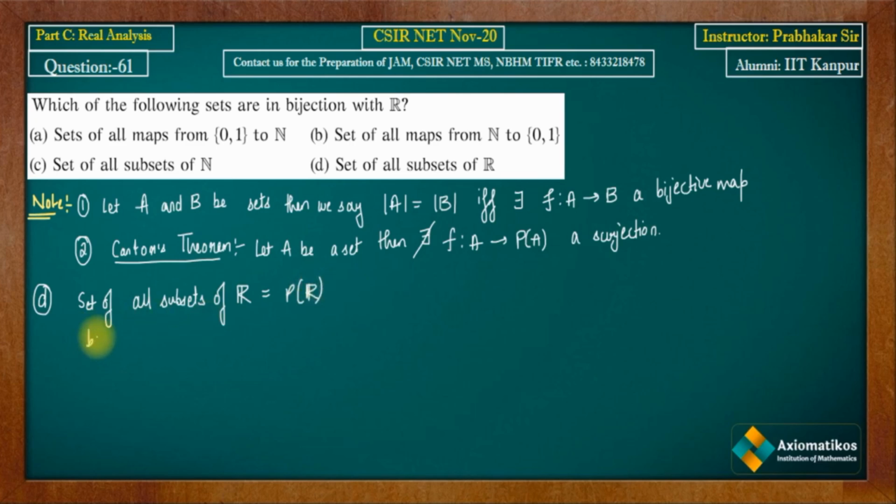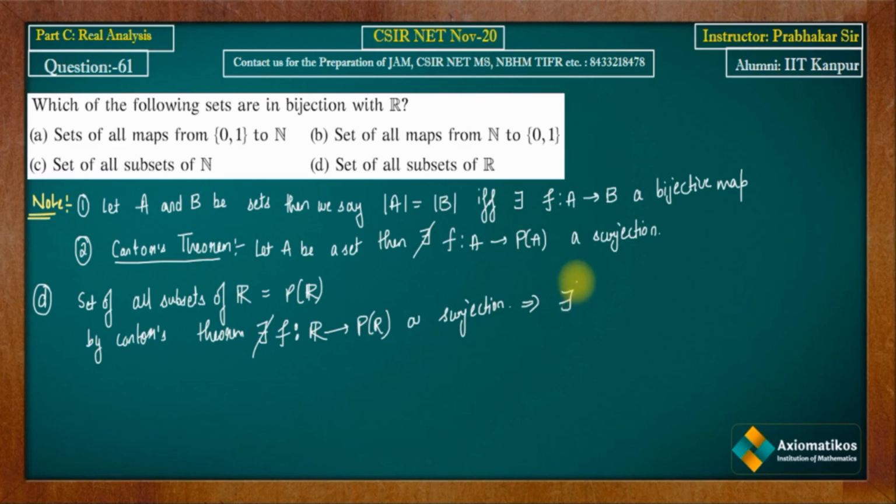By Cantor's theorem there does not exist f from R to power set of R, a surjection. So if there is no surjection, then how can there be a bijection? So there does not exist f from R to power set of R a bijection.